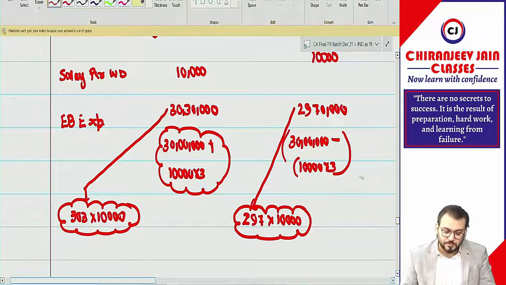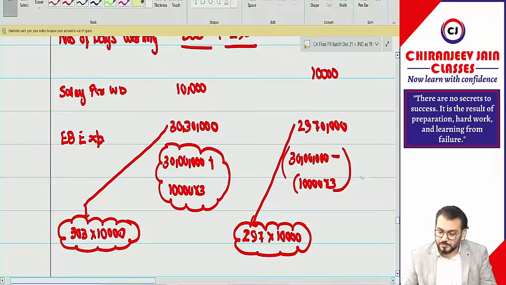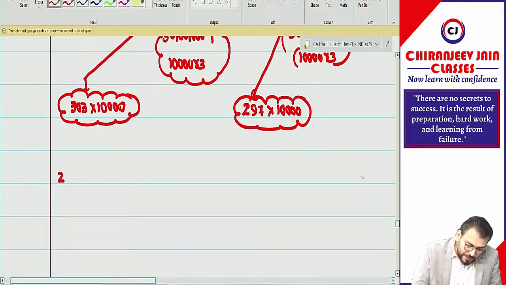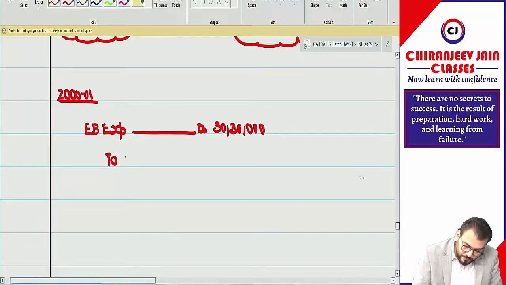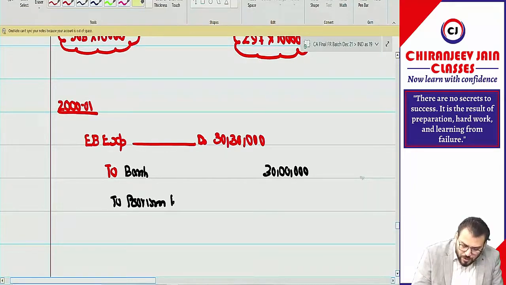Have you understood this calculation? In the year 2000-2001, EB expense will be 30 lakh 30,000 to bank 30 lakh, on the assumption that it is paid, and to provision for short-term compensated absences 30,000.